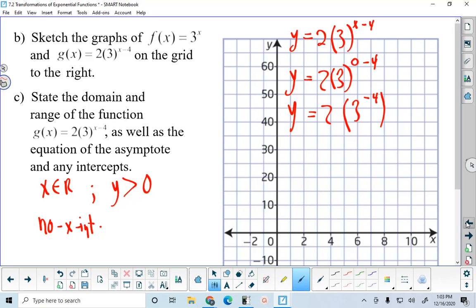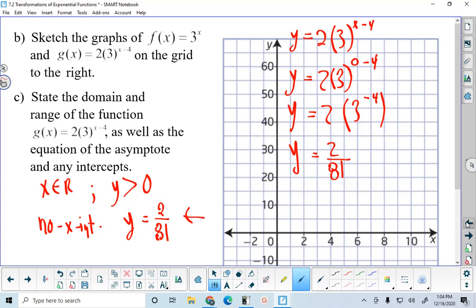Do me a favor, run that through your calculator and convert it to a fraction for me, and confirm that you get a very tiny number, which is 2 over 81. Good. So the y-intercept, our work is in the top right corner here, is 2/81. This is not really that important in finding. That's not what I want to focus on today, but there you go.